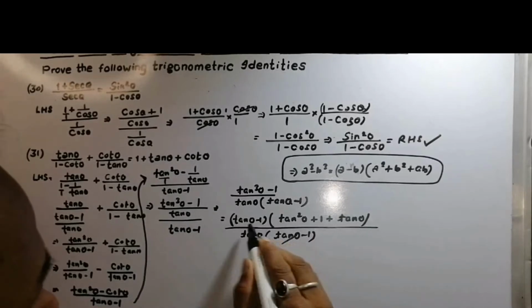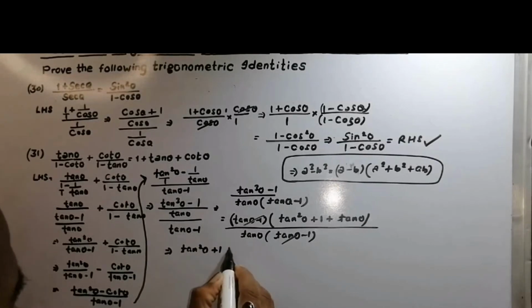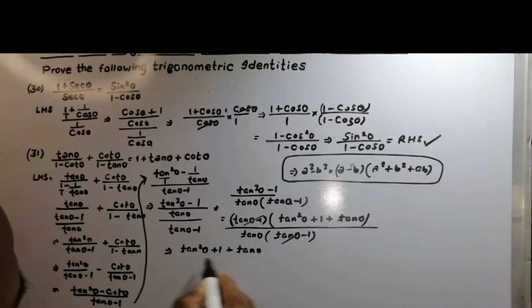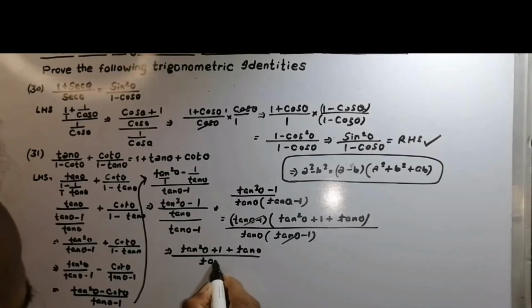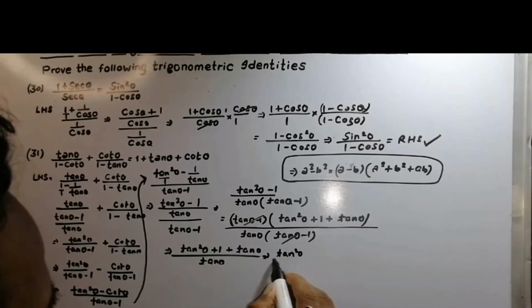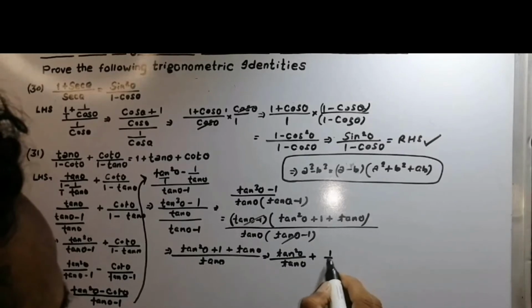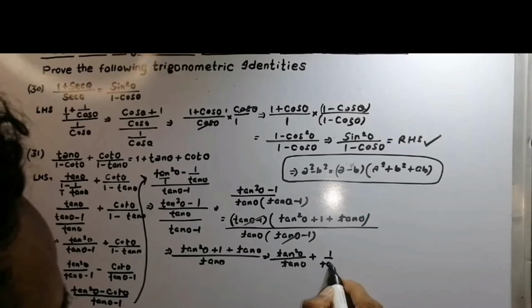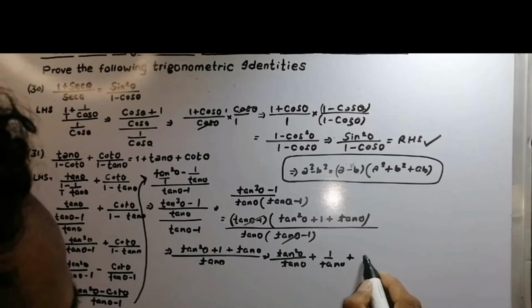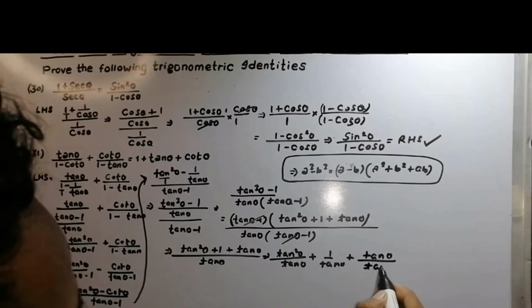Now this divided by this, so we get here tan square theta plus 1 plus tan theta by tan theta, and we can change it to tan square theta by tan theta, because the denominator is the same for all, 1 plus tan theta plus tan theta by tan theta.